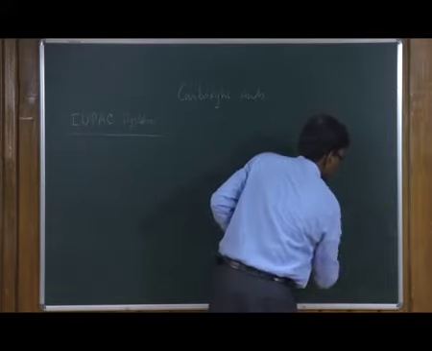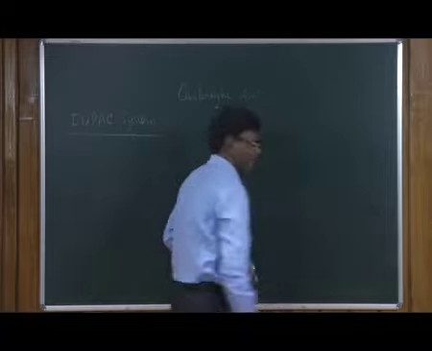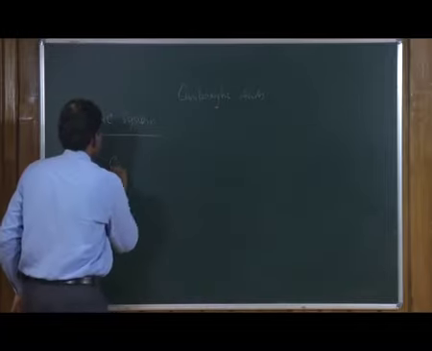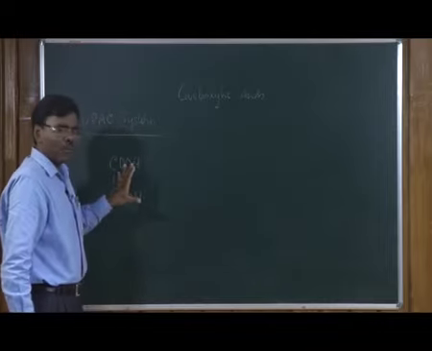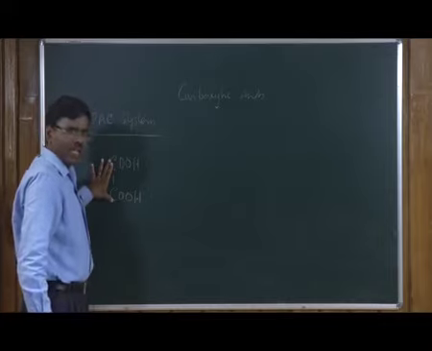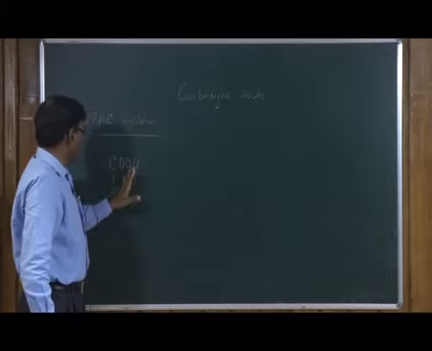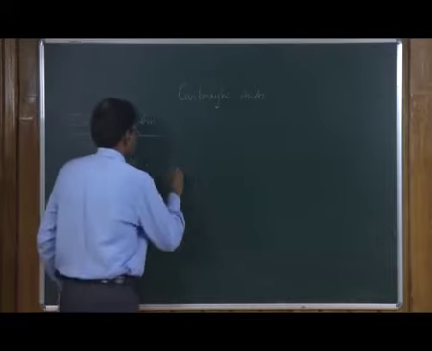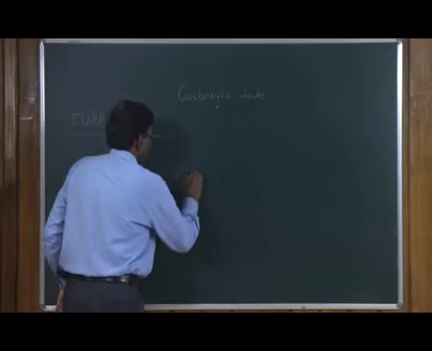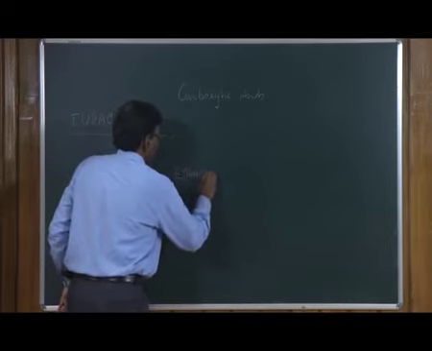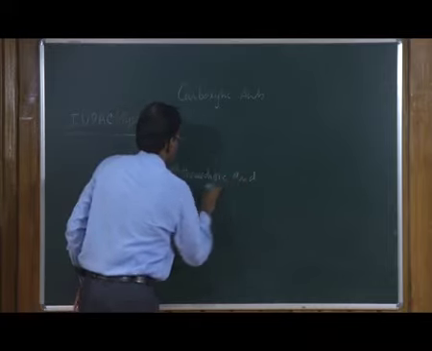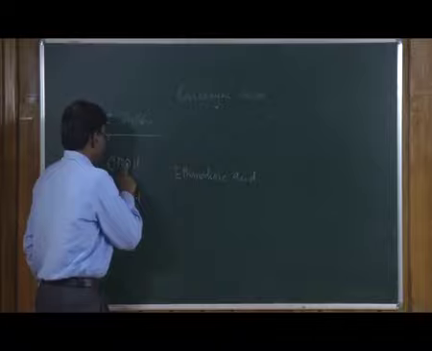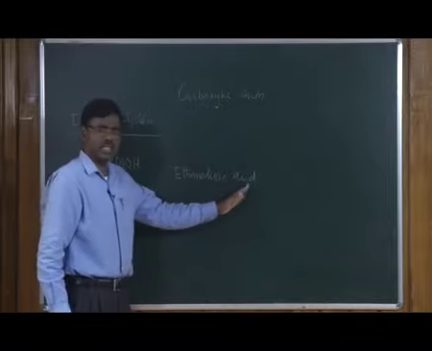Now, let us see a few examples for dicarboxylic acids. Just as we have seen, the name of this dicarboxylic acid is oxalic acid in the common system, and the IUPAC name of this is ethanedioic acid. You can see here ethane is there, and I have added di and oic acid.